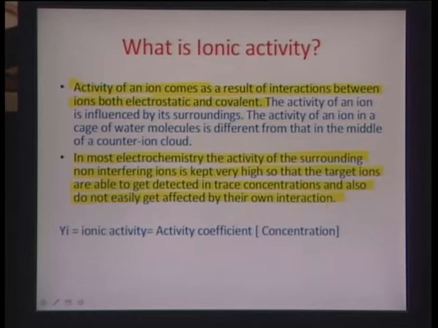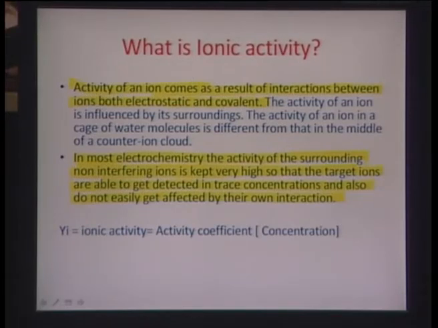And essentially you create some ions which have an ionic state, but are non interfering with the ions of interest. If such a situation happens, then you can by and large create a huge background, so that these interactions between the competing ions become very small or insignificant.